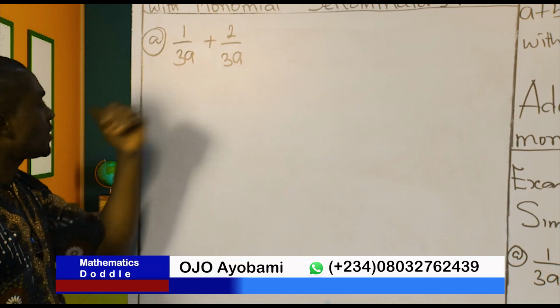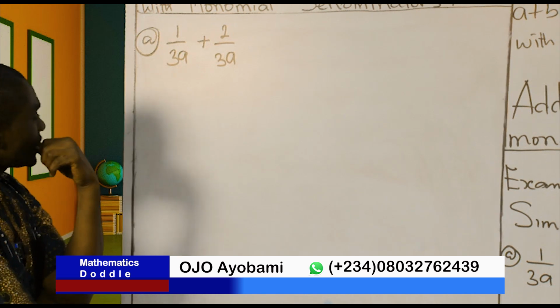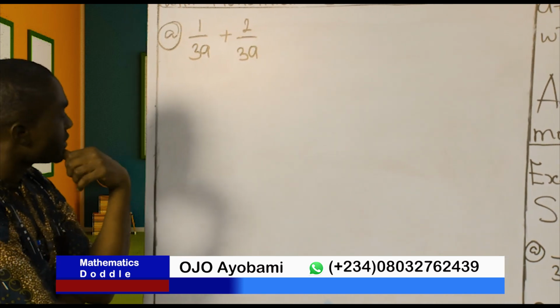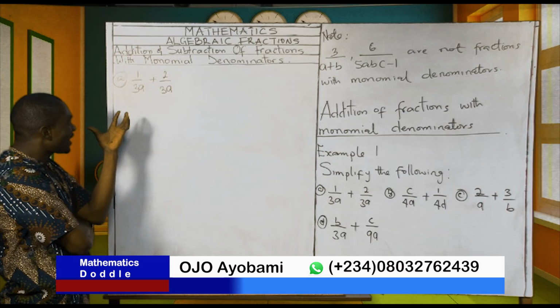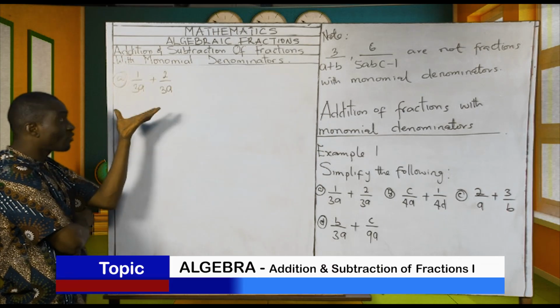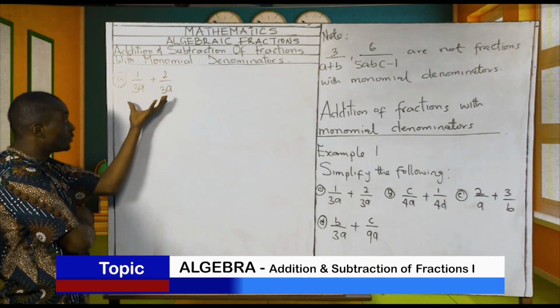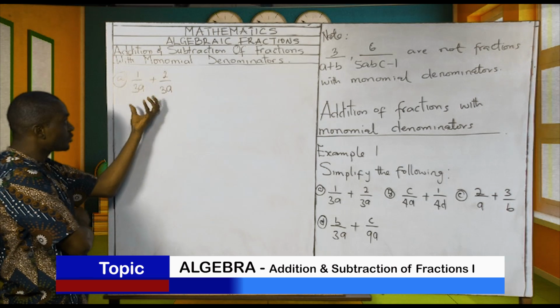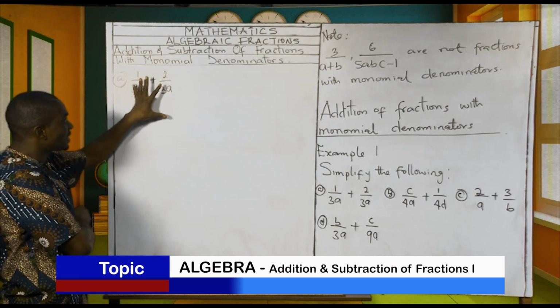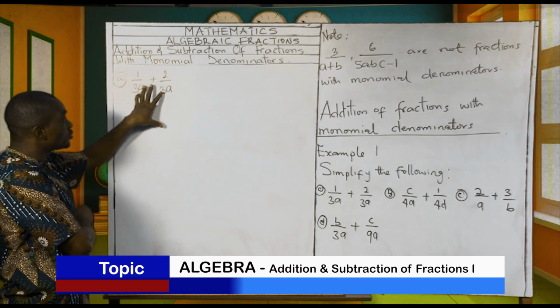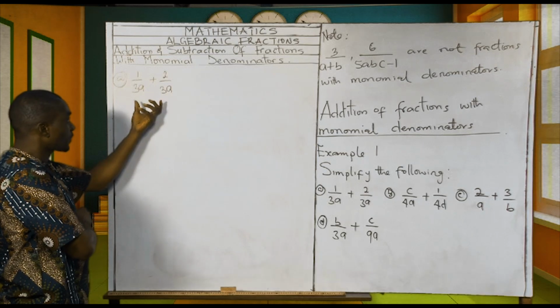Look at these given algebraic fractions. You discover that they have common denominators, the same denominators. So it will be easy for you to add them together.